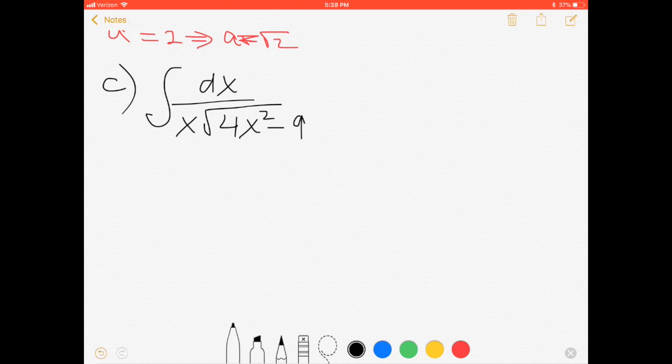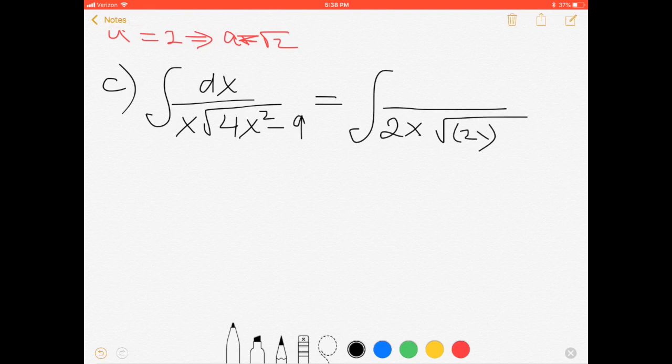This means u is 2x. Okay, great. This means here I need 2x squared, and minus 9 is 3 squared. But because I'm divided by 2, I need to multiply it by 2. 2 dx. It's exactly what I need because the derivative du, the derivative with respect to x, will be 2 dx.